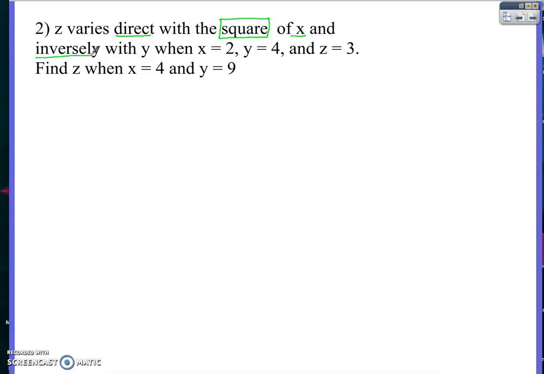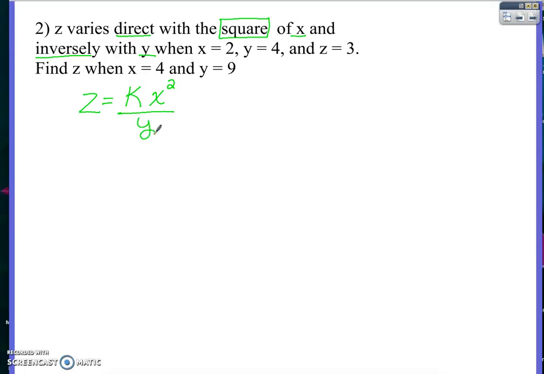And then it's inversely with y. So z equals k. Directly means I'm going to multiply it with x, but because of this squared right here, that means I have to have an x squared. And inversely means I'm going to be dividing by y.